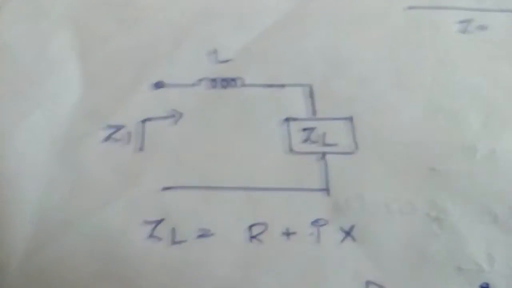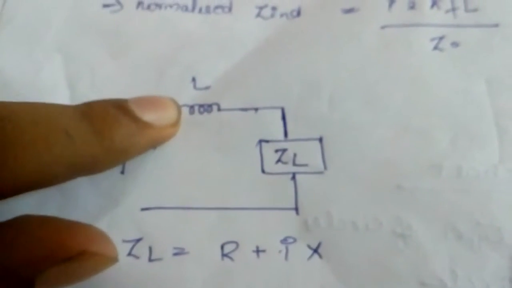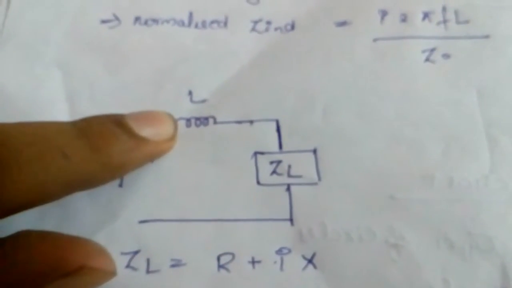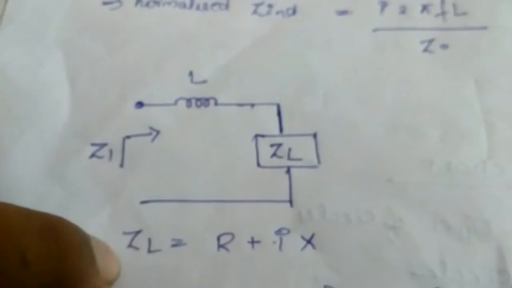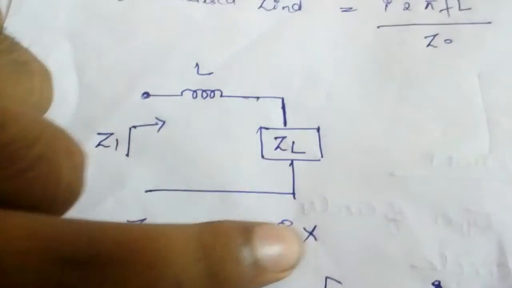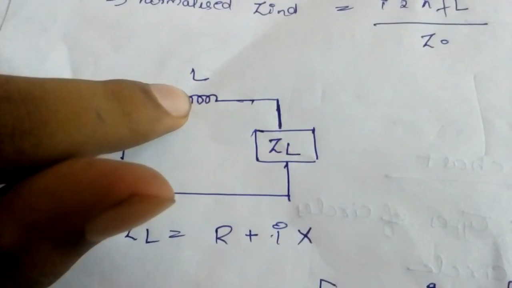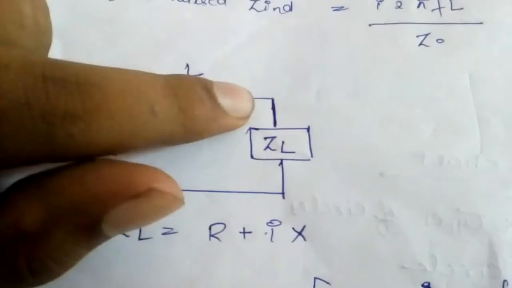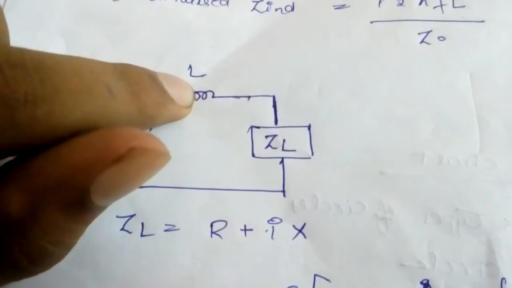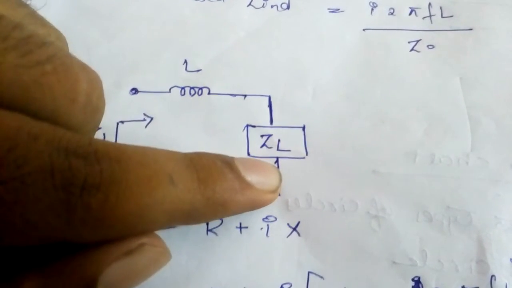So what happens when this inductor is placed here? The load impedance has a reactance part, that is ZL equals R plus jX. The inductor also has a reactance part, and as it is in series, the reactance of the inductor will add with the X of ZL.